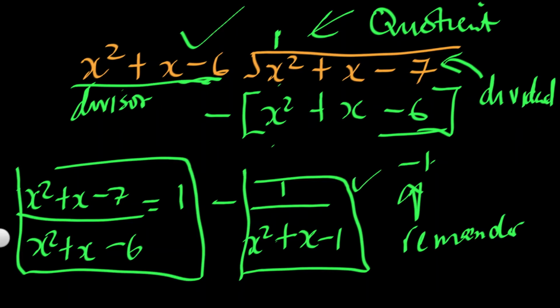Let me clear my board and start fresh. So I now have 1 over x squared plus x minus 6. This is what I want to do my partial fractions on. Can we factorize the denominator? Yes, we can.